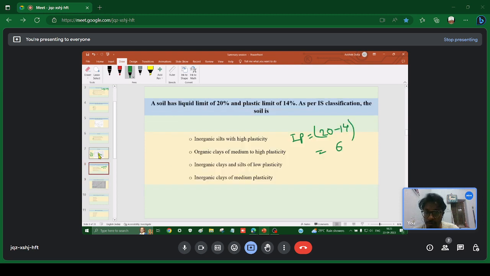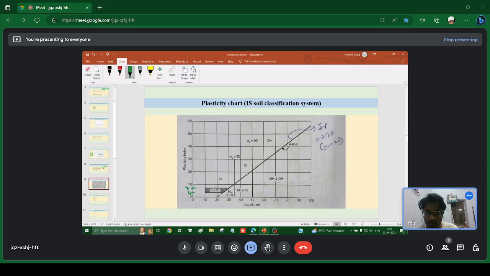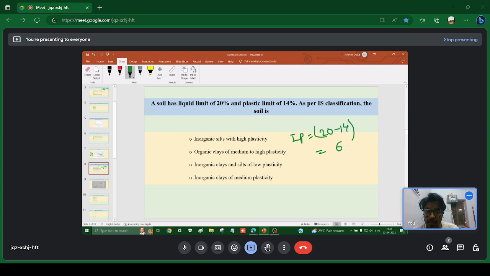So we know liquid limit is 20. If we take 20 over here and then go up, 6 will lie between 4 and 7. That means the soil is falling in this shaded portion, CL-ML. That means inorganic silts and clays of low plasticity. We have in the third option inorganic clays and silts of low plasticity. So this is the answer.